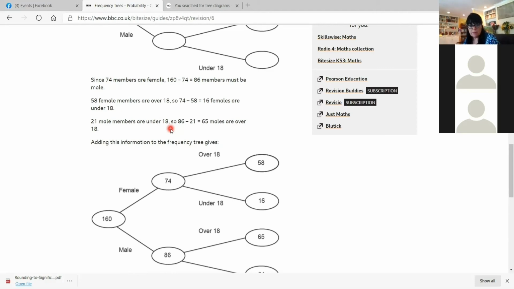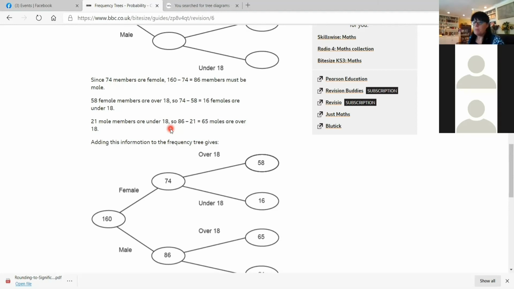So that's going to be 16 over 74, and that will give you the probability that the person is a female and under 18. So you'll say 74 over 160 times 16 over 74, and that will give you that answer.